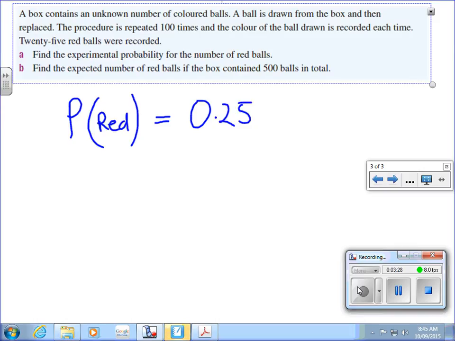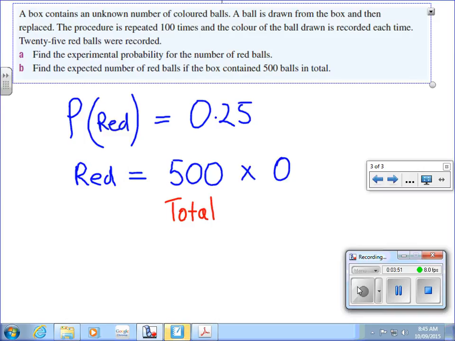If we know that there are 500 in total, and 25% of them are red, so we've got red equals 500, the total number, times probability, 0.25, and our answer is going to be 125 balls.